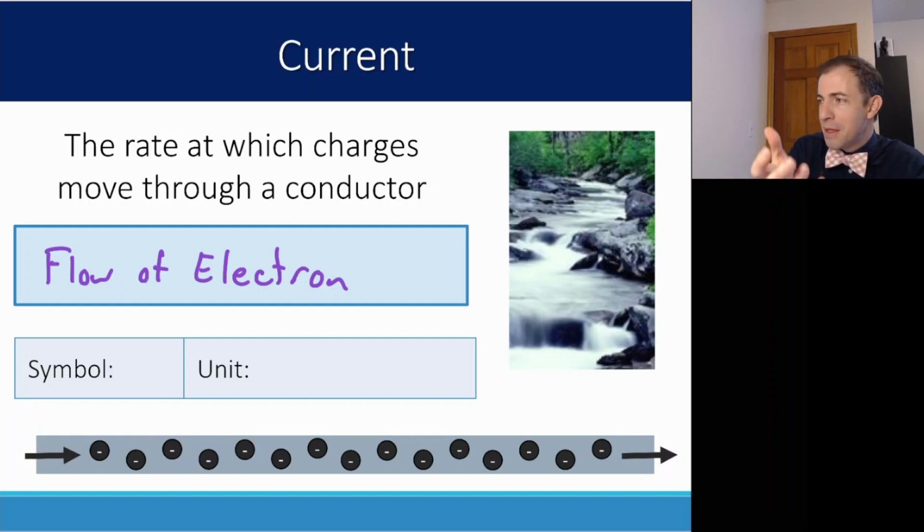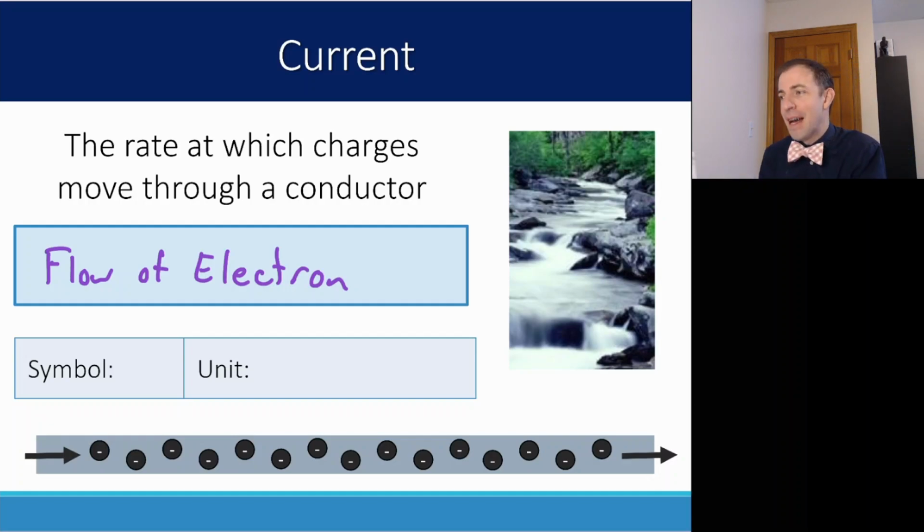Just like we see current of water flowing through a stream, usually we would talk about that in liters per minute or gallons per hour. You would have a unit saying how much water and a unit of time saying how fast the water is going. Our symbol for this flow, this current, is going to be I.